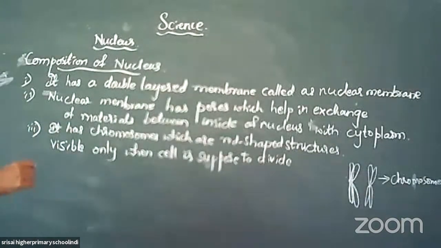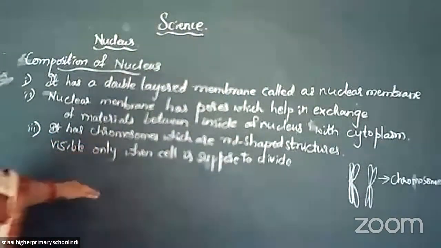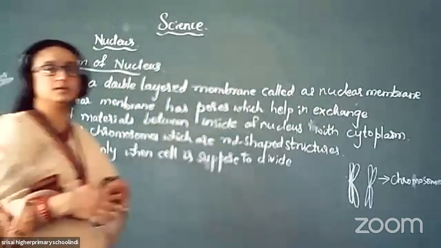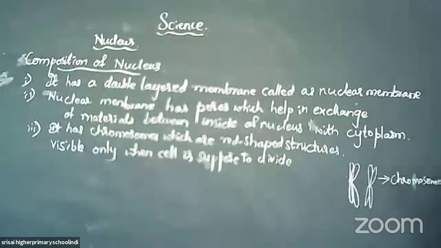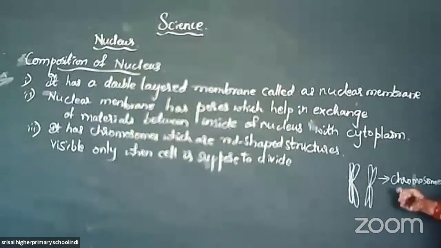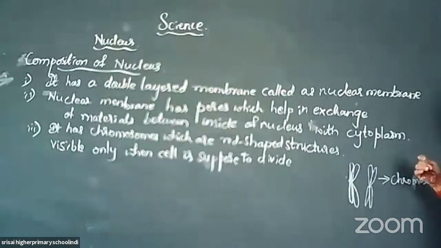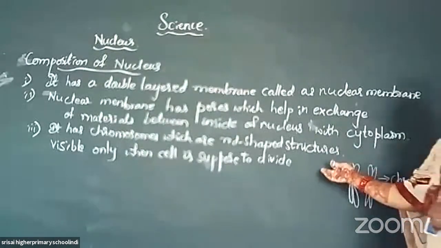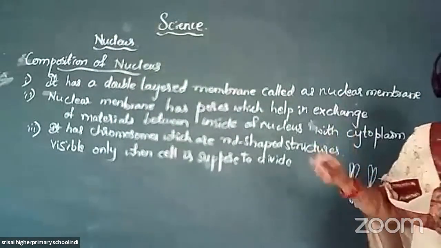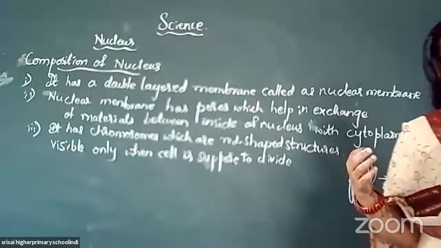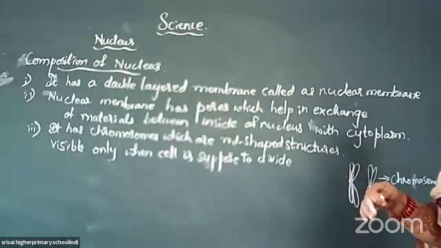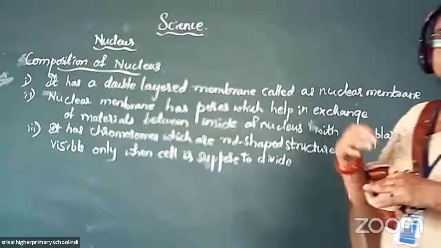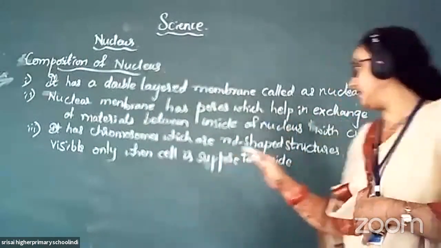So let me come to the third composition. It has chromosomes. The third thing that a nucleus has is chromosomes. What is the shape of the chromosome? Rods. Rod-shaped structures, visible only when the cell division process is occurring.